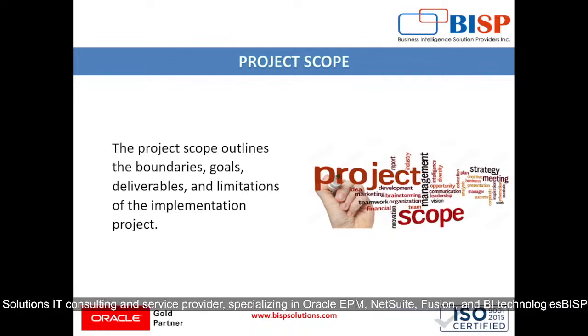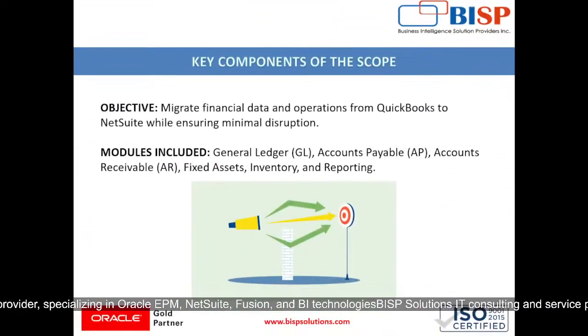The project scope outlines the boundaries, goals, deliverables and limitations of the implementation project, which involves key components of the scope like the objective, which means migrating financial data and operations from QuickBooks to NetSuite while ensuring minimal disruption.